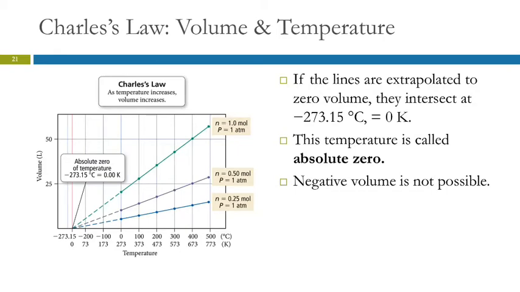That's 0 Kelvin. That's the absolute temperature, absolute 0. This is absolute 0 because what this data predicts is that if you went lower in temperature, the volume would become negative. Is it possible to have a negative volume? No. You get down to no volume and that's where things stop. So this is the lowest temperature possible.